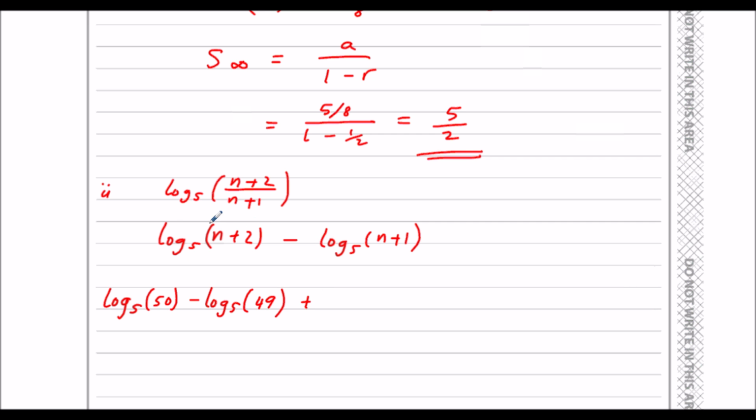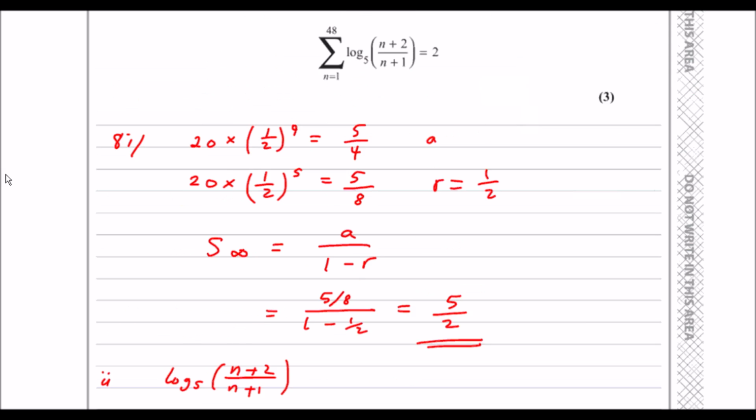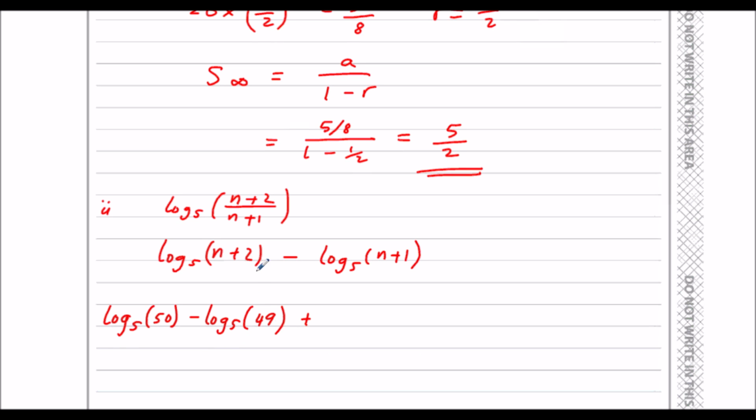Then we're going to add on. So let's do 47 next. Log 5 47 plus 2 will be log 5 49. Take away log 5 47 plus 1 will be 48. And see, these 49s are going to cancel.